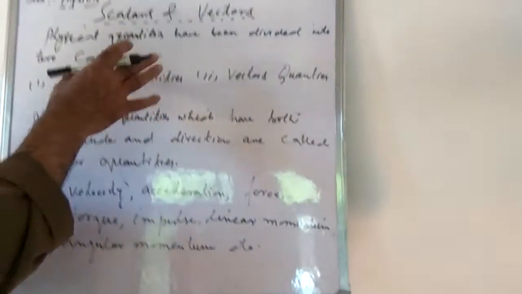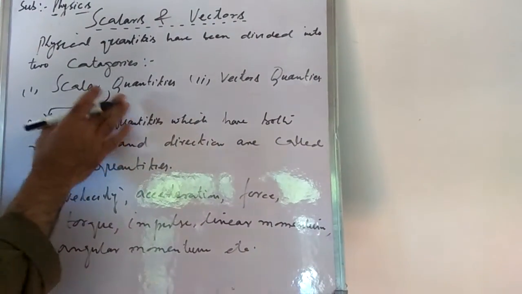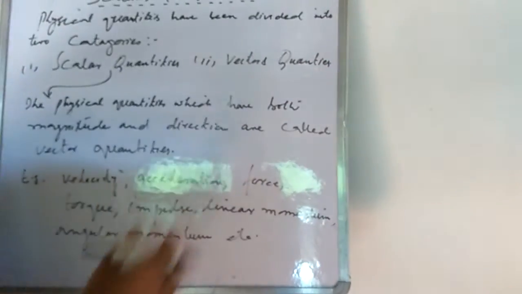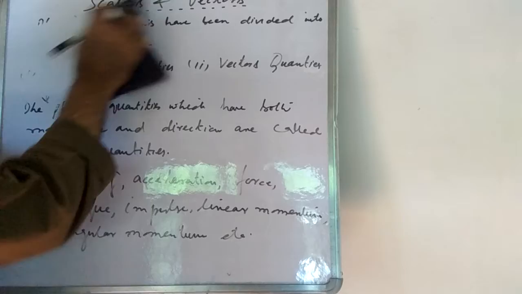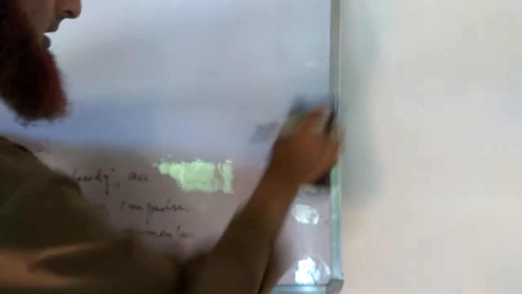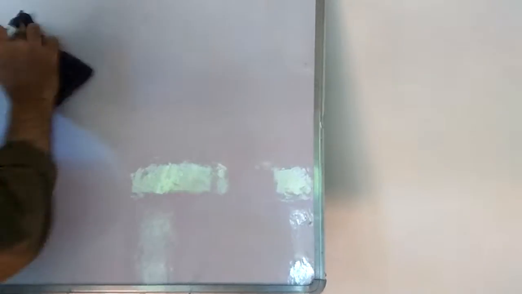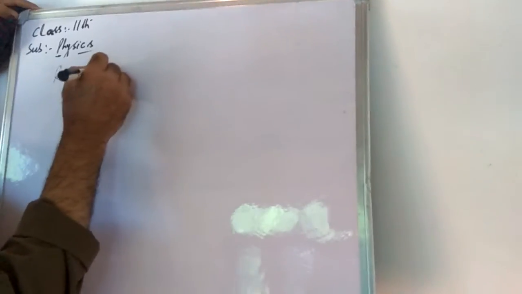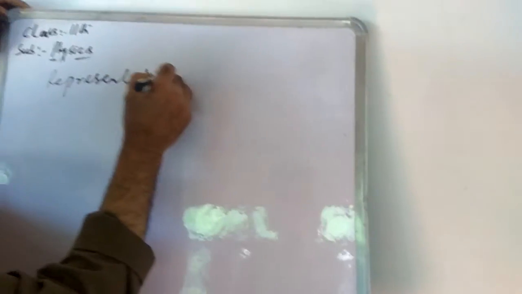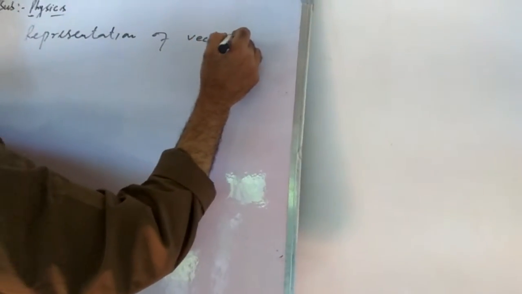Now, dear students, you have come to know which are known as scalars and which are known as vectors. Now, after that, how do we represent a vector? Representation of vector.